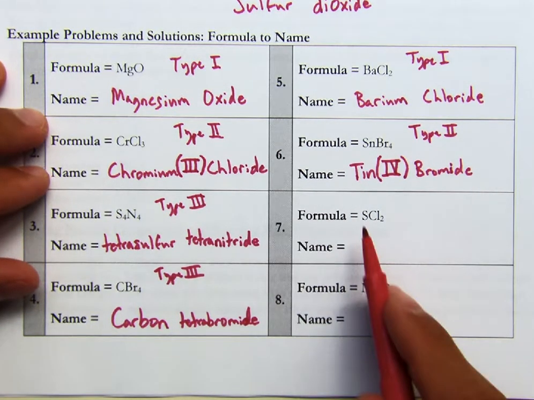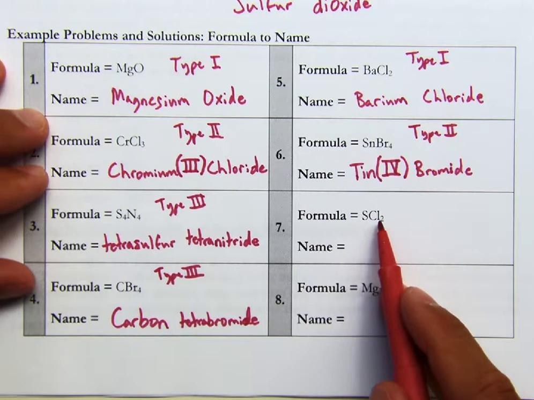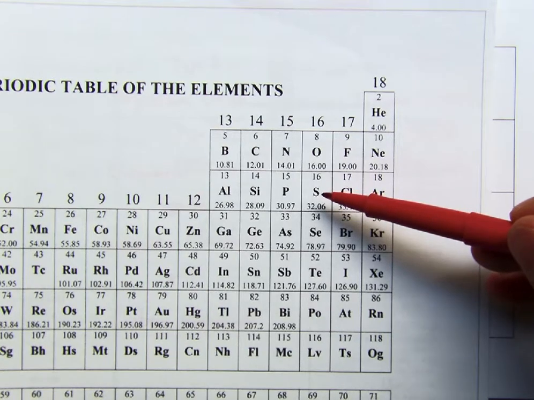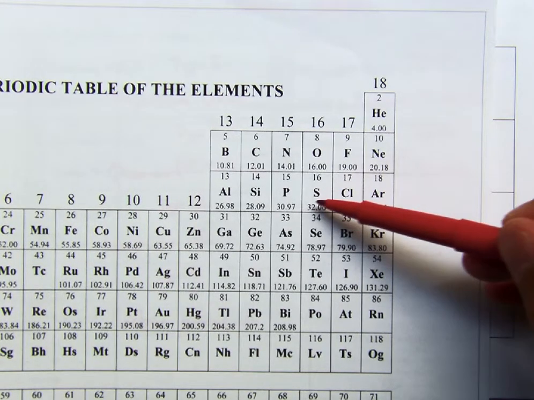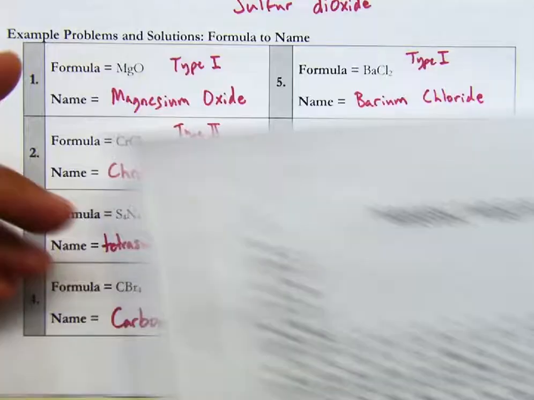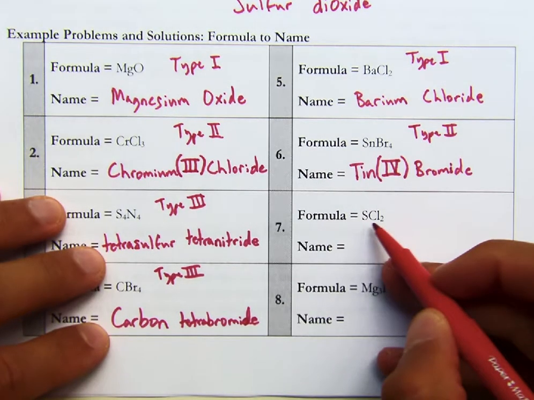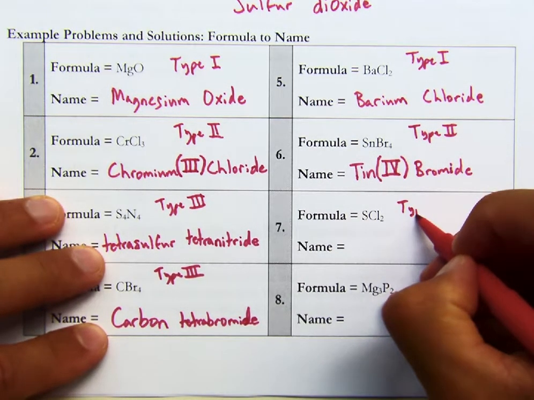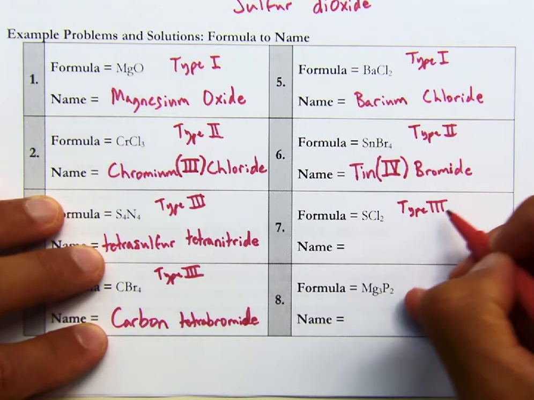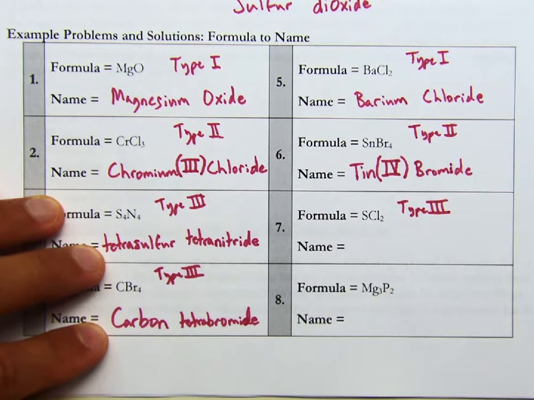Next one on here, we have sulfur and chlorine. Sulfur is right underneath oxygen on the periodic table, and it's also right next to chlorine. These are both nonmetals. So we have nonmetals only. Nonmetals only means type 3. And type 3 means prefixes: di, tri, tetra, hexa, hepta, mono.